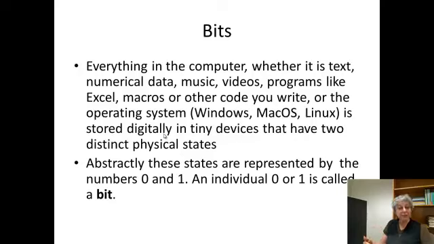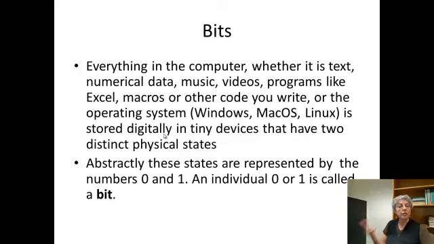It's stored digitally. And that means it's stored in tiny little devices that have two distinct physical states, which we abstractly represent as 0 and 1. But actually, they could be, for example, magnets that are magnetized different ways. They could be electrical devices that are on or off.